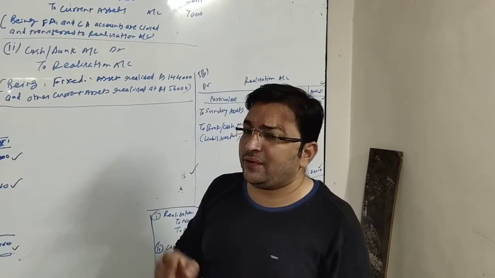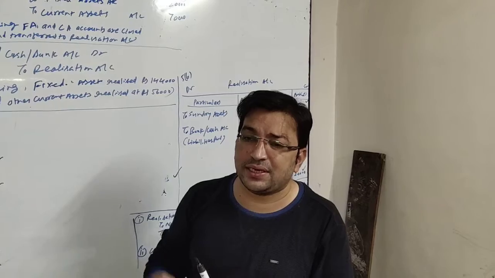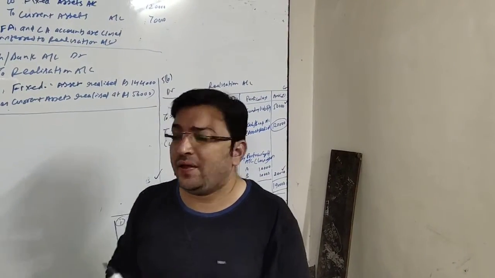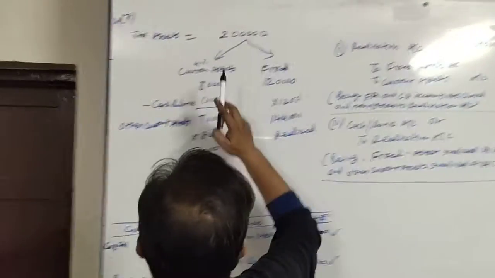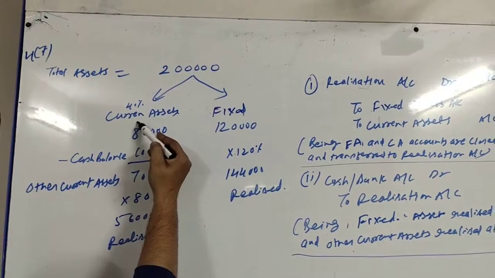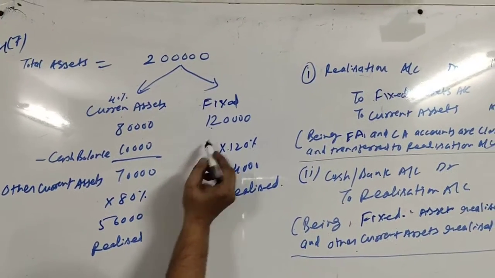And it is given that 120% is realized out of fixed assets and 80% out of current assets. So first of all, we will find the value of current assets and fixed assets.